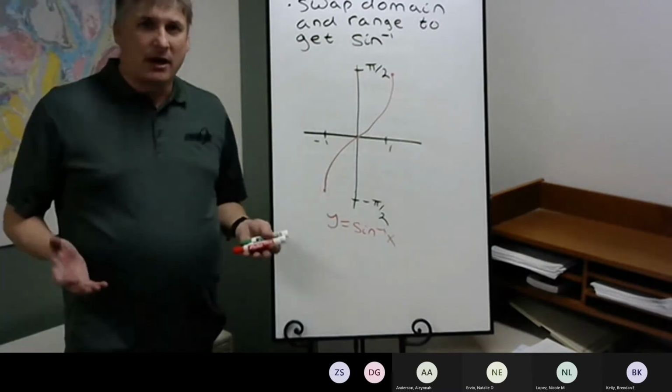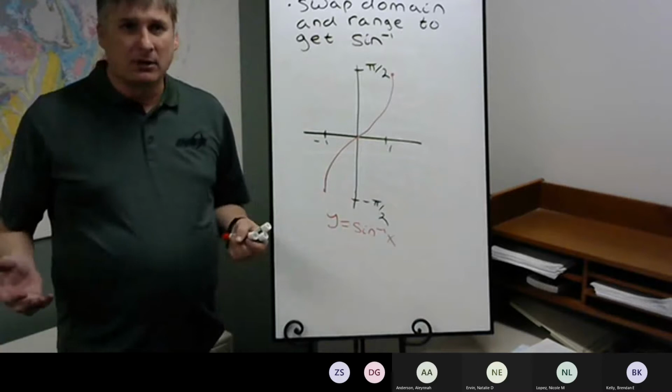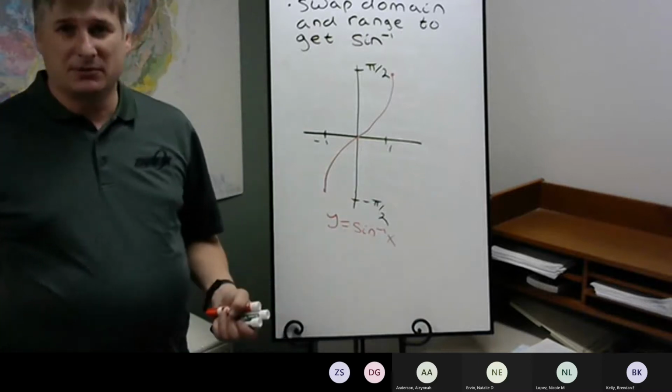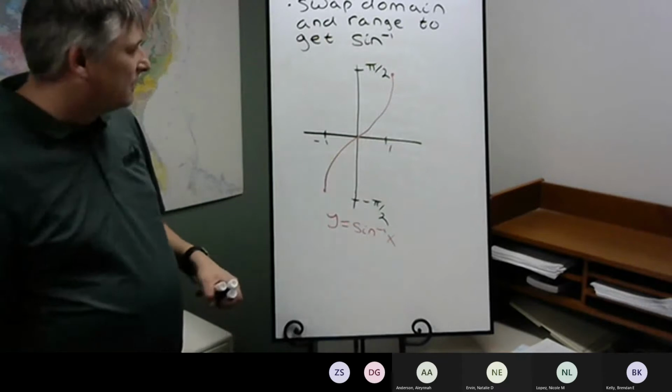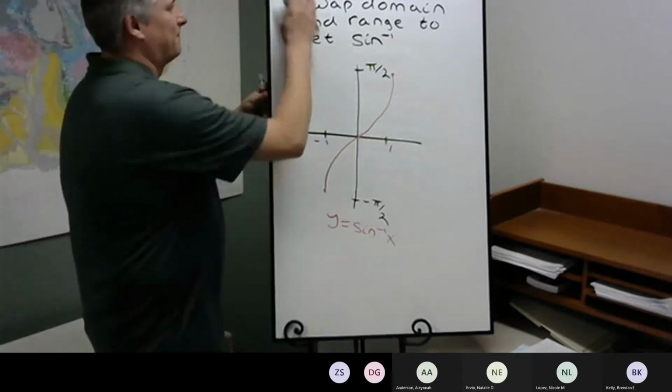Instead of the range of sine being negative 1 to 1, that's now the domain of the sine inverse. Domain negative 1 to 1. So now I can explain what's going to go on.